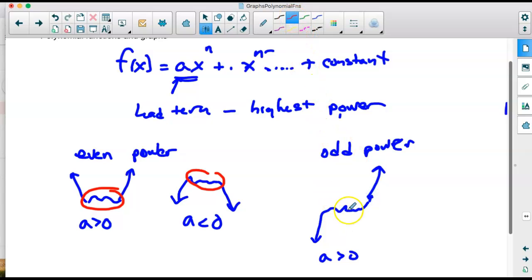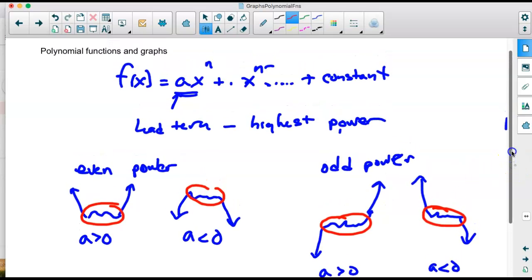If a is negative, then it's going to go down, have something happen in the middle, and then continue to go down. So we're going to look at this short-term behavior in between, to help us determine where it turns and what's going to happen there.